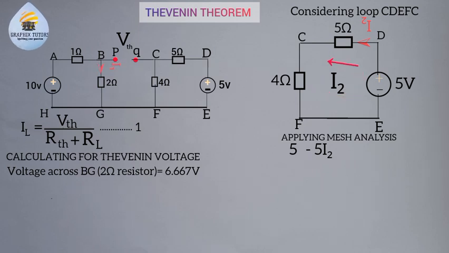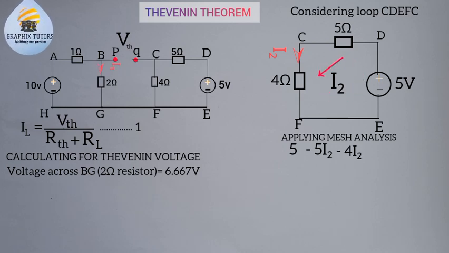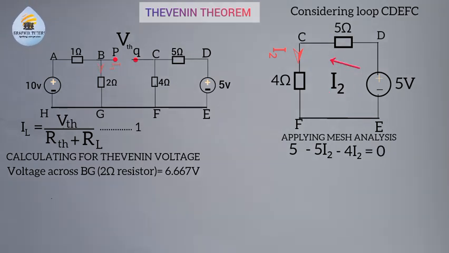Now, the same thing, the current I2 flows through the 4 ohm resistor to be 4 times I2. That gives us negative 4I2 because of the direction of the current, equals 0. Now, if I collect like terms, we're having 5 minus 9I2 equals 0.